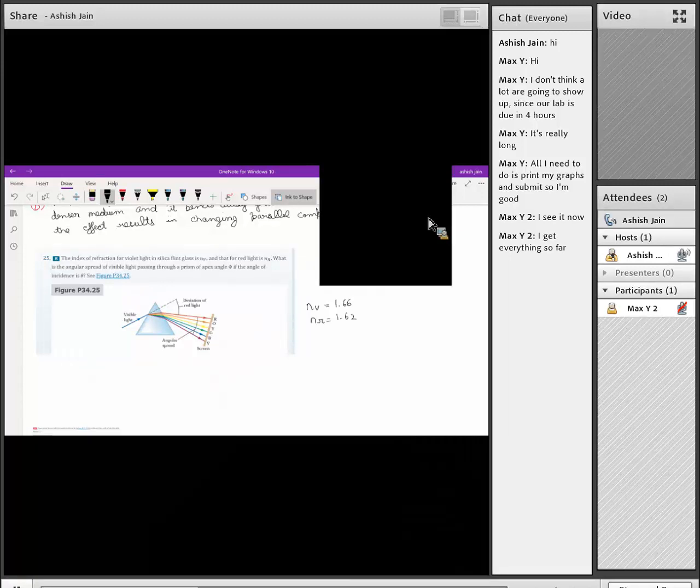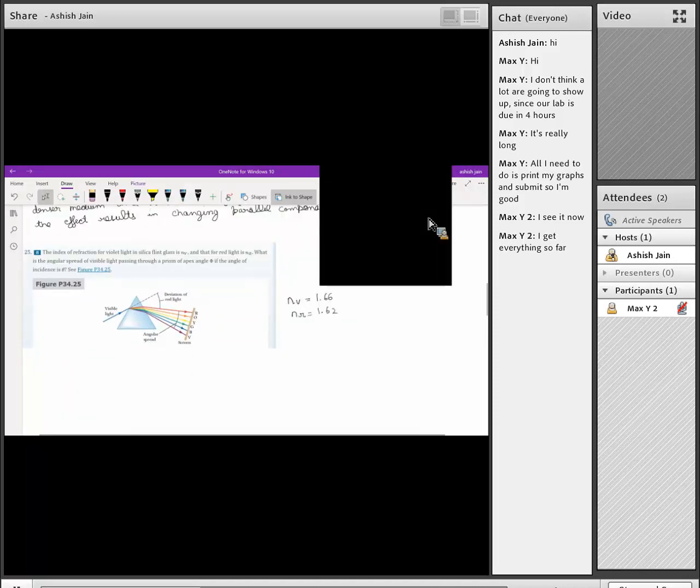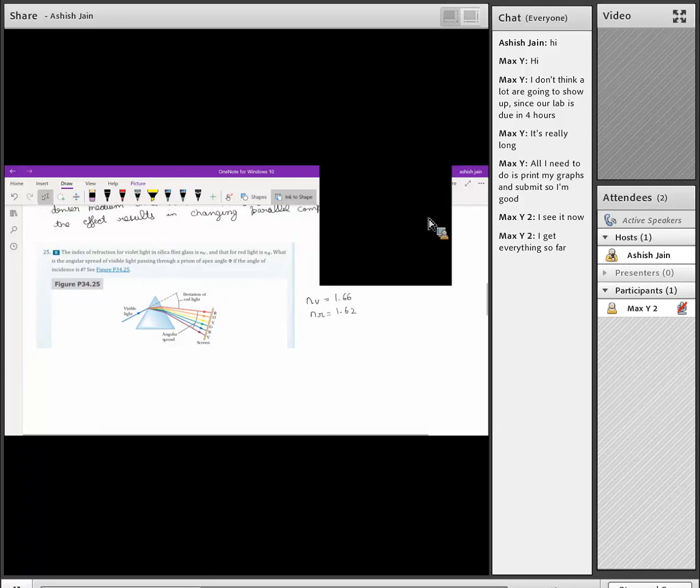Okay. So what is the angular spread of visible light passing through a prism of apex angle phi if the angle of incidence is theta I? So we have to find the dispersion or angular spread, delta theta.